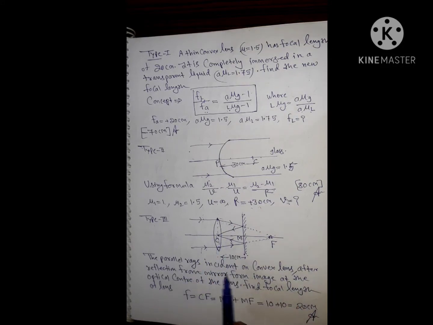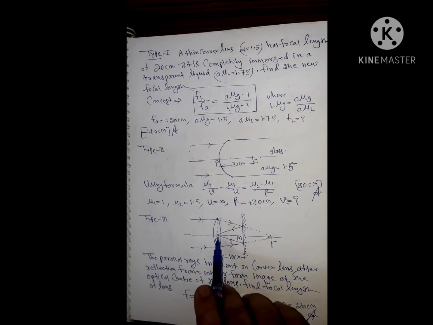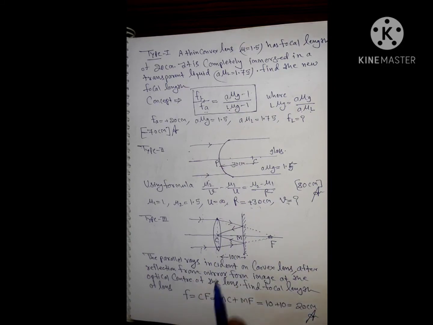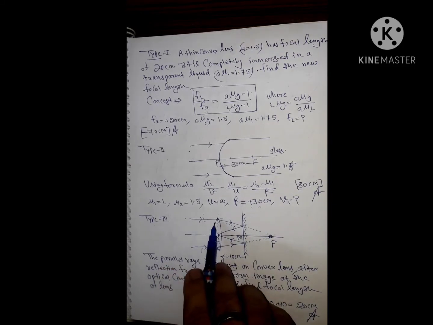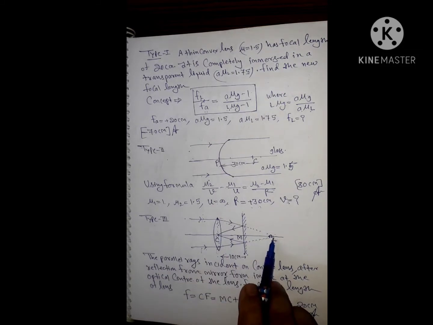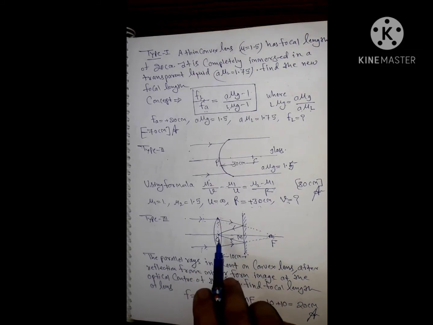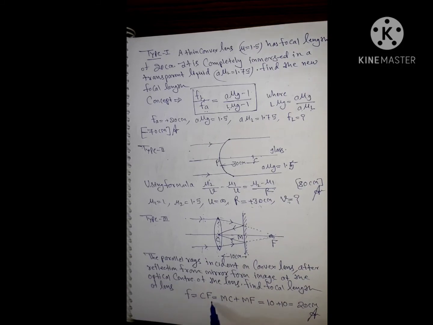Now students, what is F? F means CF. Why CF? Because the object is at infinity, its image through this lens should form at the focal point. This is the property. So the focal length of this lens is equal to CF, F is equal to CF, and CF means CM plus MF.